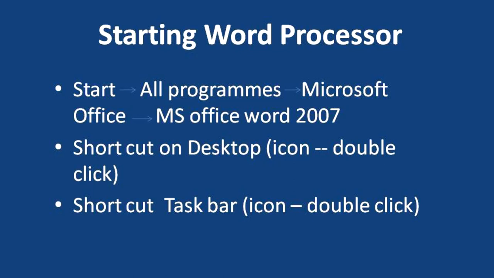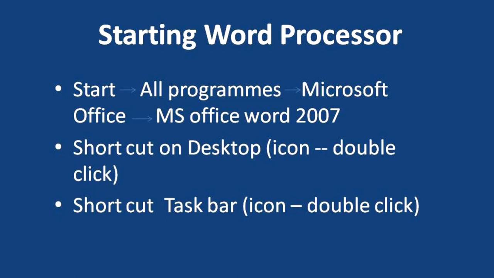You will go to Microsoft Office, and within that Office you will notice MS Office Word 2007, because this 2007 is the most popularly used software, and there is a shortcut method also for opening this MS Word processor.